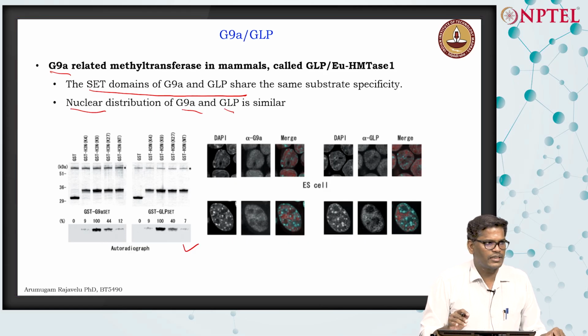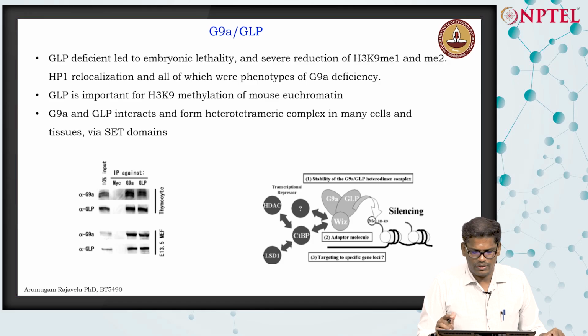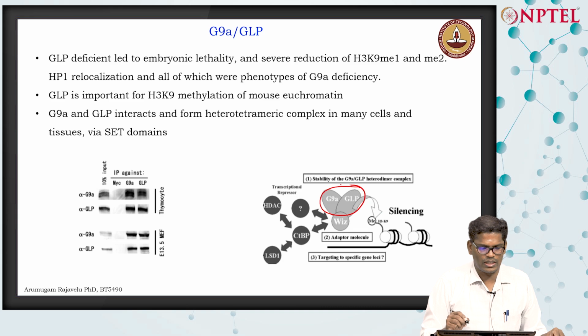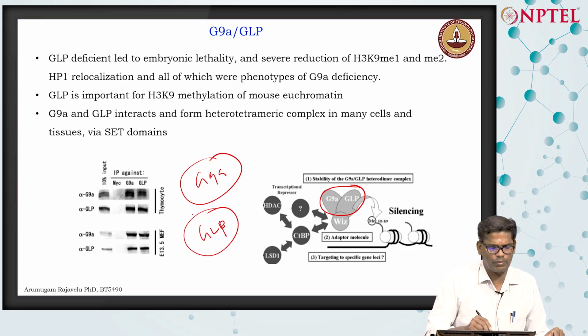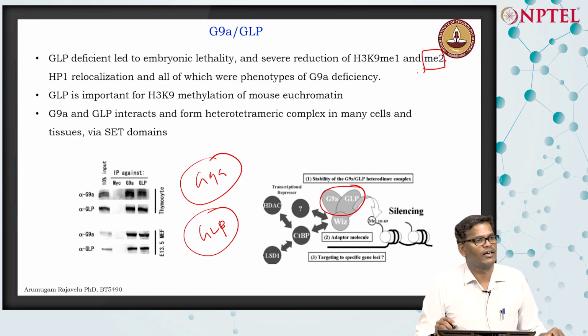So, all the data confirms similarity, and more importantly, they found these proteins coexist in most of these cells. But reports have also shown that it need not be that every cell will express both proteins. The cells expressing both proteins will coexist. There are some cell types with only G9A. There are some cell types with only GLP. But both function to introduce dimethylation at histone 3 lysine 9.